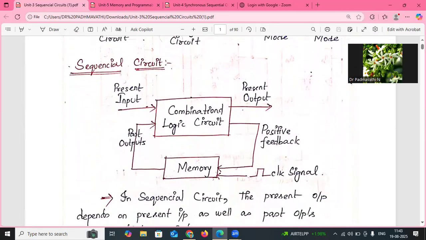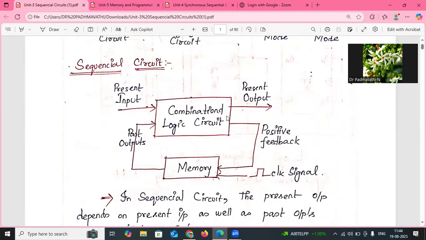A sequential circuit is actually based on the combinational logic circuit. If the output of the combinational logic circuit is given as feedback to its input, then it is said to be a sequential circuit.